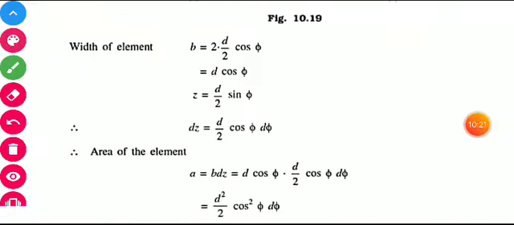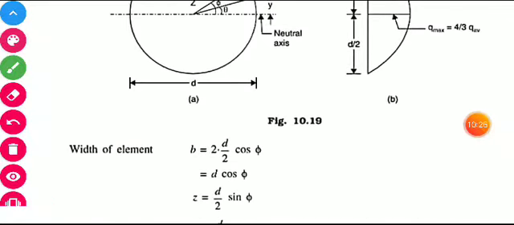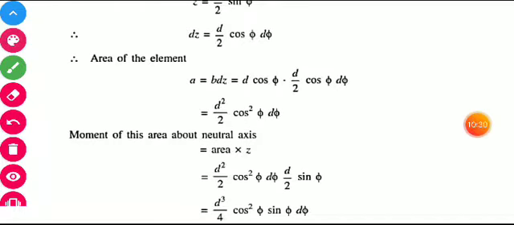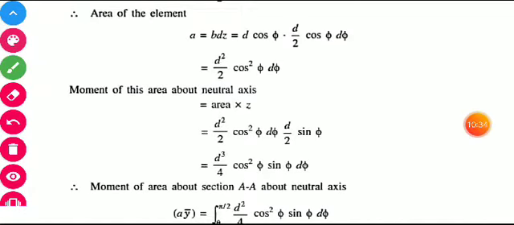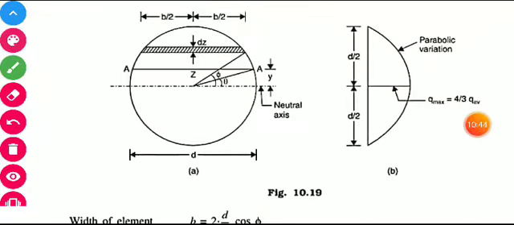Then the area of this rectangle we consider dz into b, and the moment of area is a into y or a into z. You put all these values and then integrate theta from 0 to pi by 2, because pi means 180 degrees.